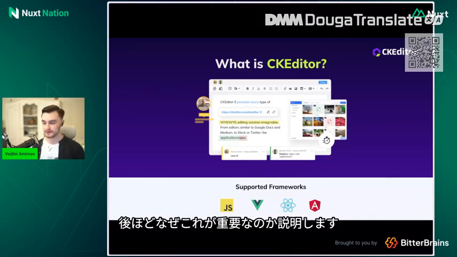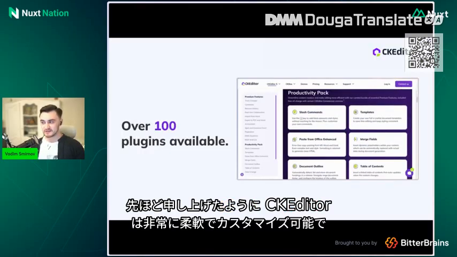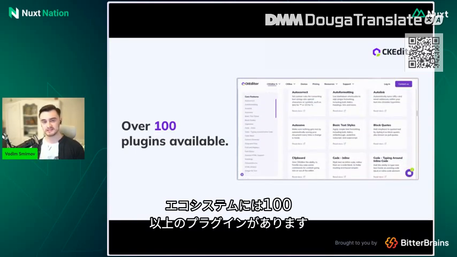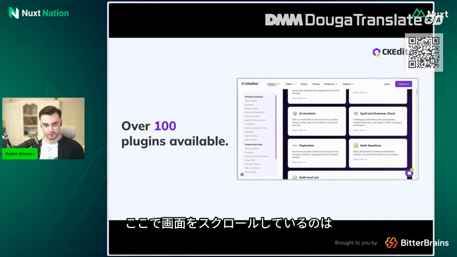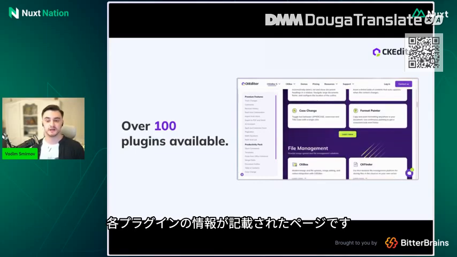Why is it important? As I mentioned, CK Editor is extremely flexible and customizable, and we have over 100 plugins in our ecosystem. Here you can see me scrolling the page with all of the plugins, with information on what each plugin is.